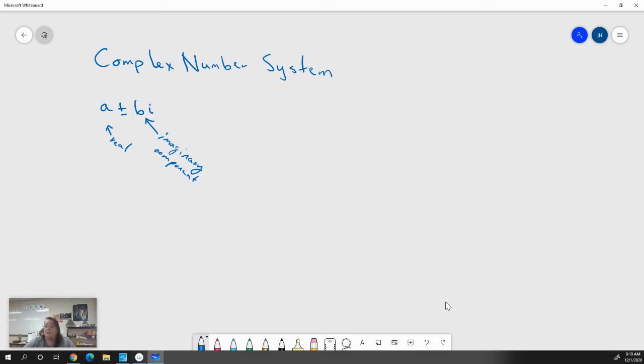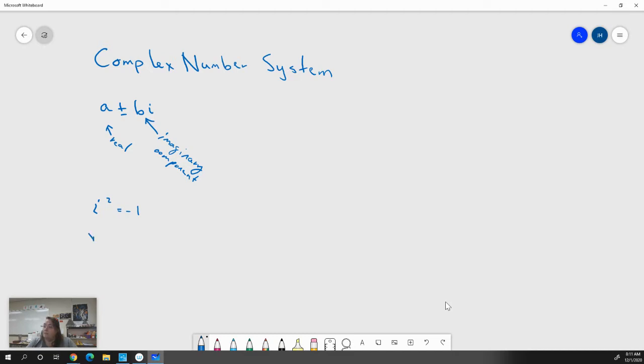The key thing to remember when we're talking about the complex number system is that i squared equals -1, right?